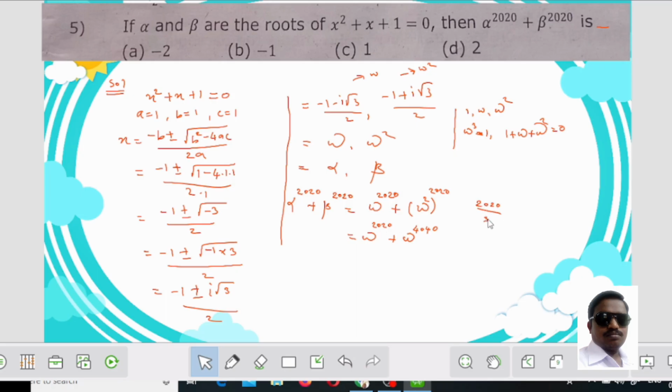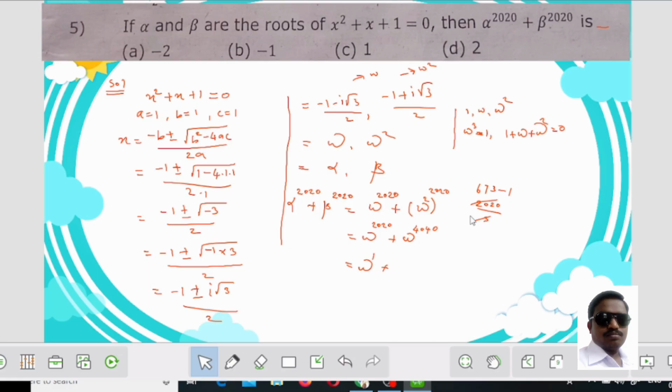You divide 2020 by 3. 6 3s are 18, remaining 2. 7 3s are 21, remaining 1. 10. 3 3s are 9. The remainder is 1. So you write the remainder in the power of omega. Instead of writing 2020, you can write the remainder value only, omega power 1.